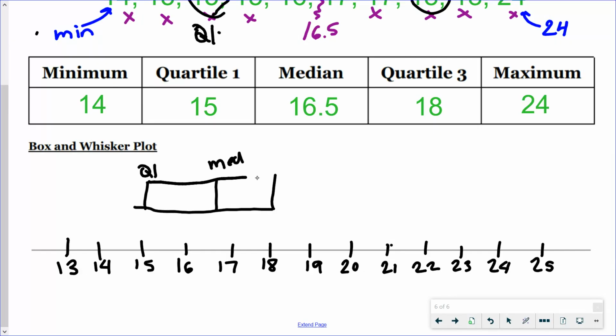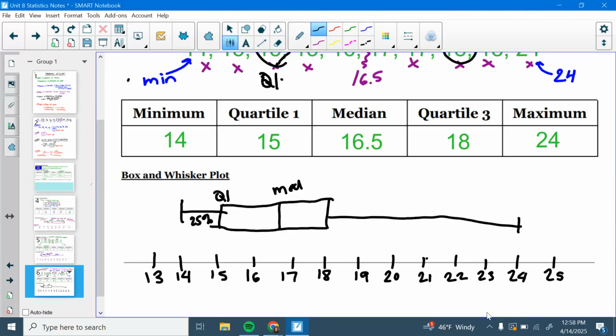My minimum, and my maximum way over here at 24, which again says that 25% of my data is here, 25% in each section. So my data is more condensed to the left, and we'll talk more about what that means in the future. Right now we're focused on building our box and whisker plots using our 5-number summaries.